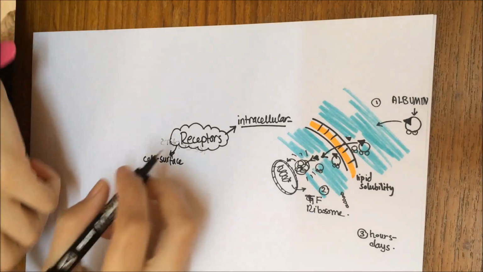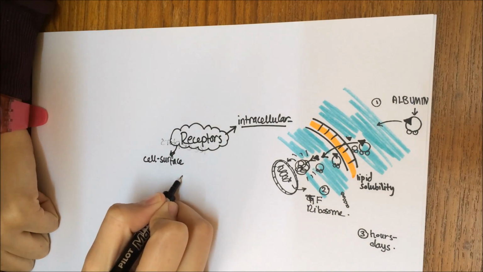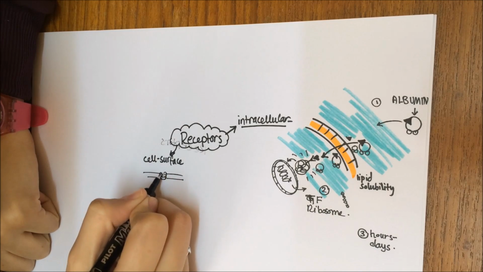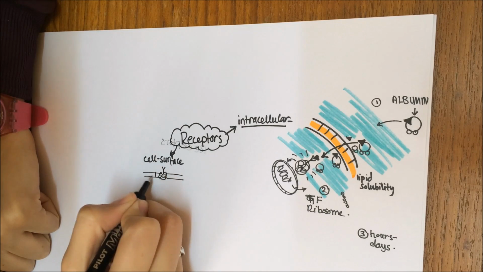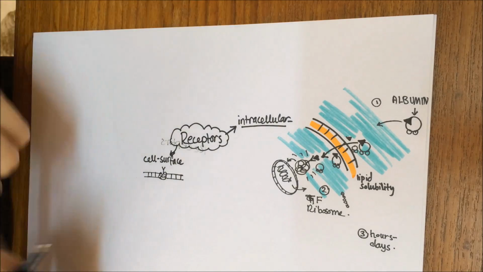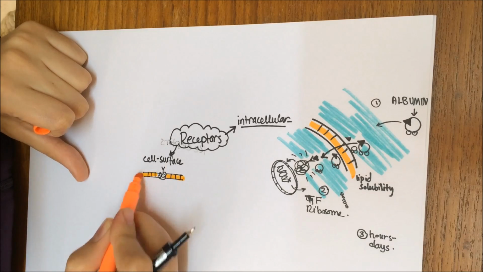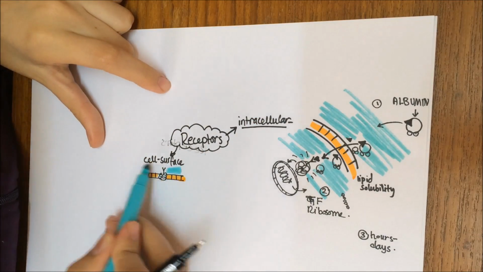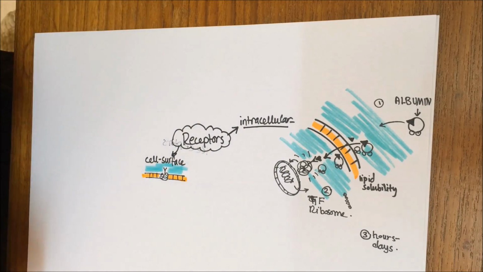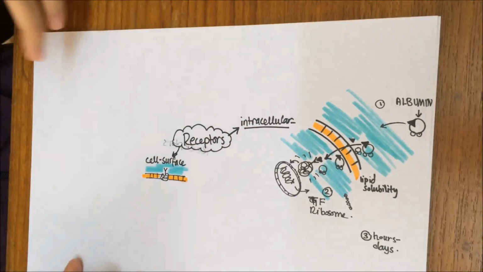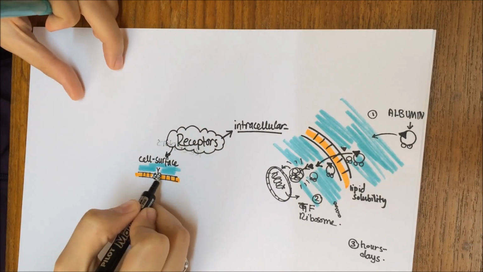Now the other type of receptors is the cell surface receptors. So this is the cell surface, and we will have the receptor here embedded within the lipid bilayer. Okay, now if this was the lipid bilayer, we still have this watery environment, so the drug can simply just move and reach the cell surface.